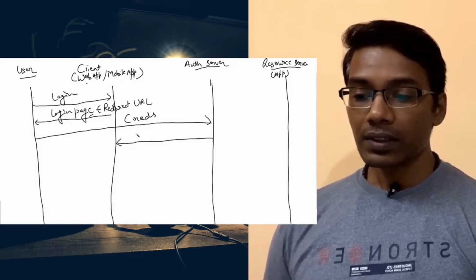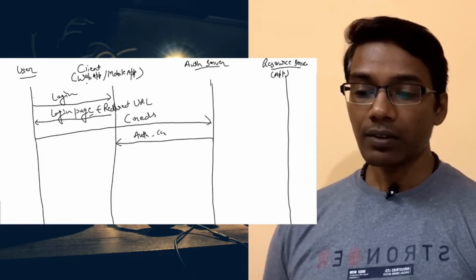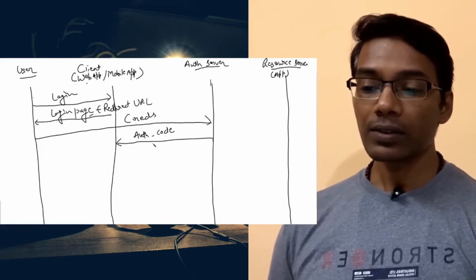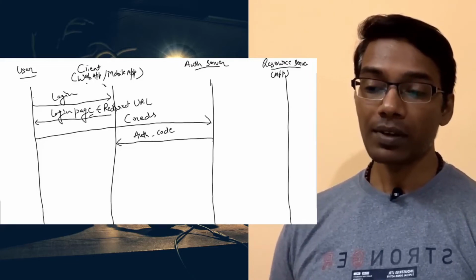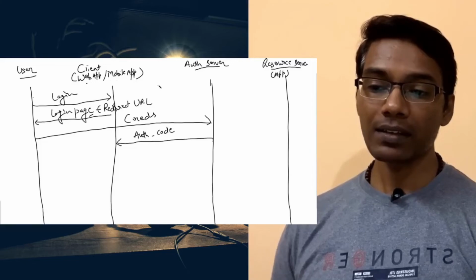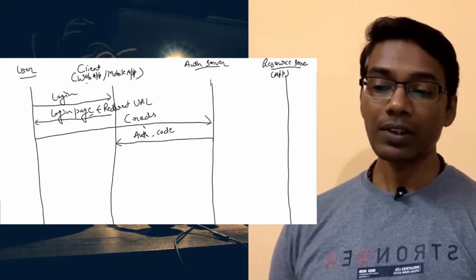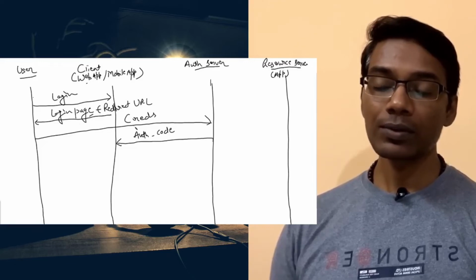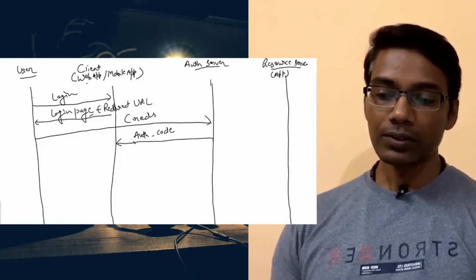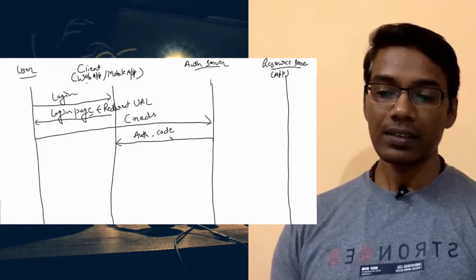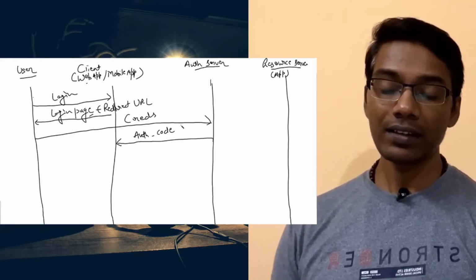As part of this response, the auth server provides some kind of auth code. This auth code signifies that the client app, web app or mobile application, is authorized, and that the user credentials the user is passing here are valid.